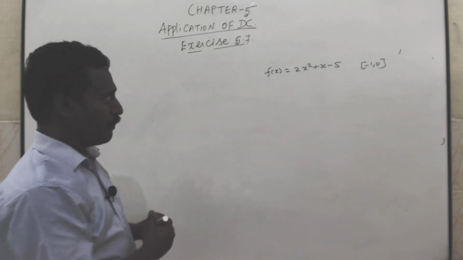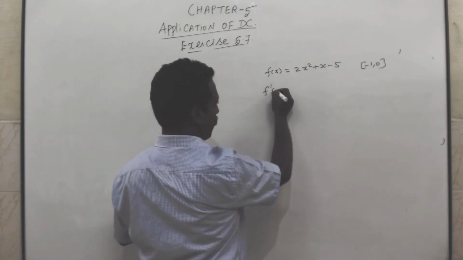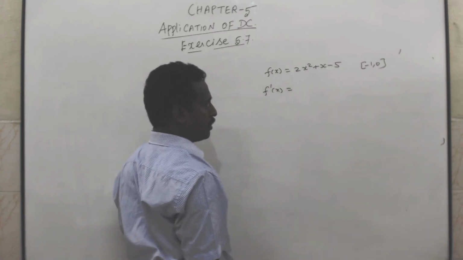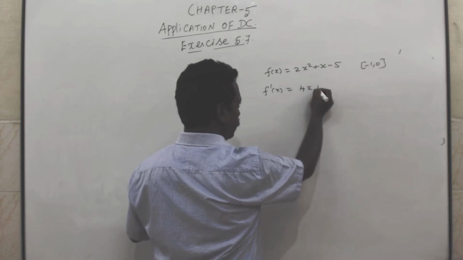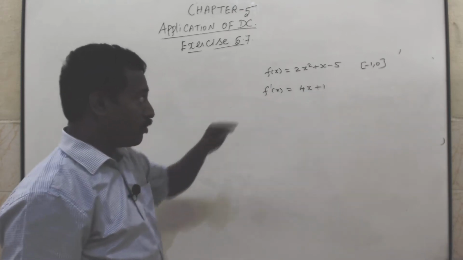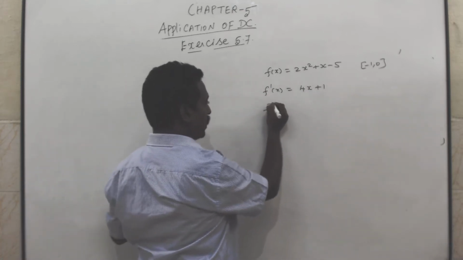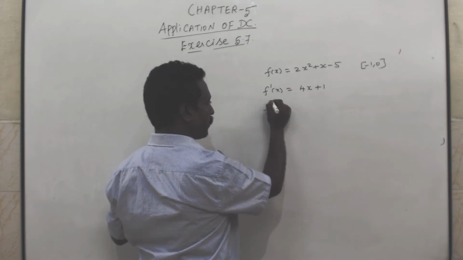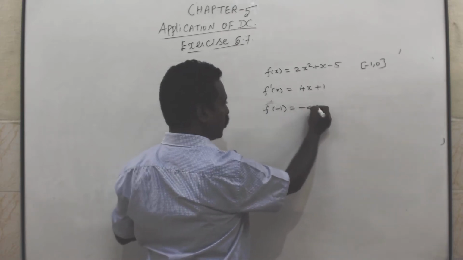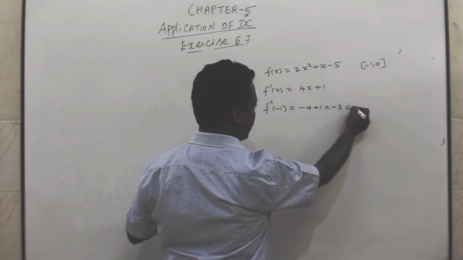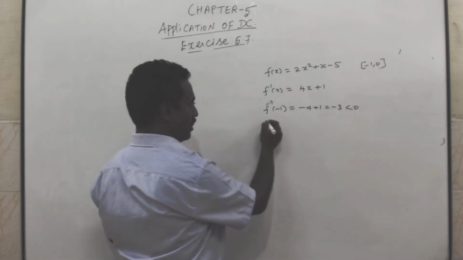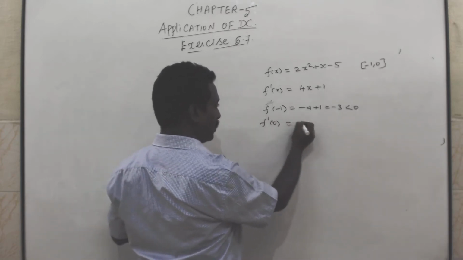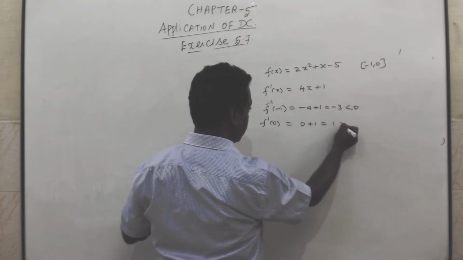First, what is the first step? F dash of x is 4x plus 1. First, you have to verify f dash of minus 1. Minus 4 plus 1 is minus 3, that is negative, less than 0. F dash of 0 is 0 plus 1, which is 1, greater than 0.